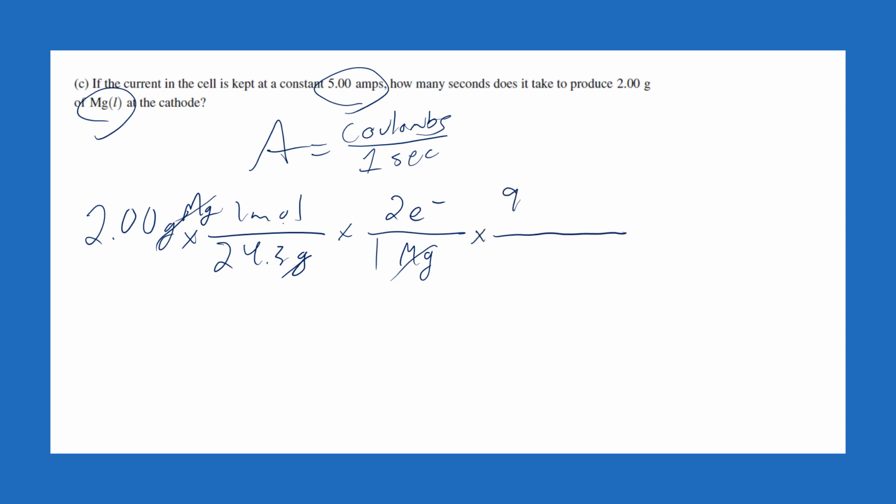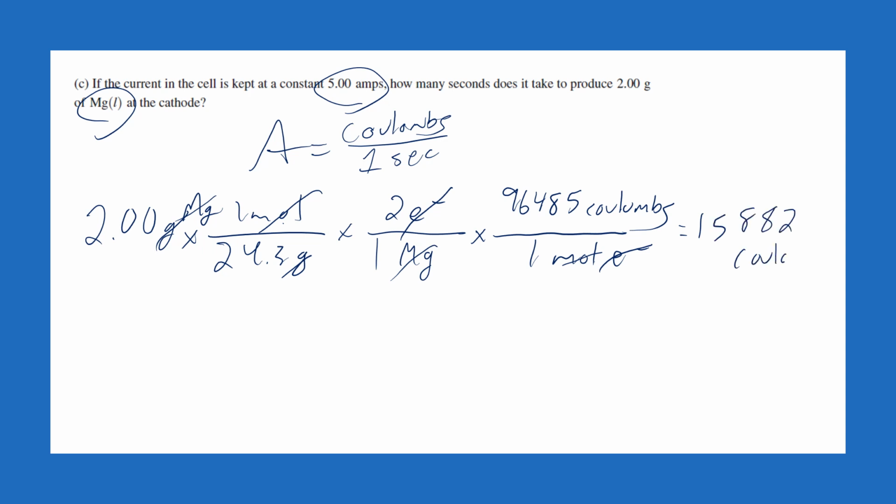From there, we can use Faraday's constant, coulombs per mole of electrons. So moles of electrons cancel. So now I can find the coulombs that I need for this. That's the charge, the quantity of charge.